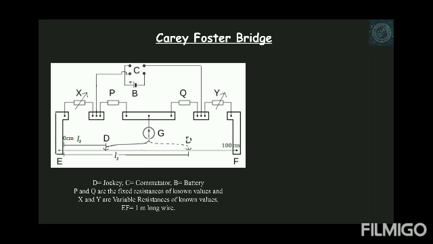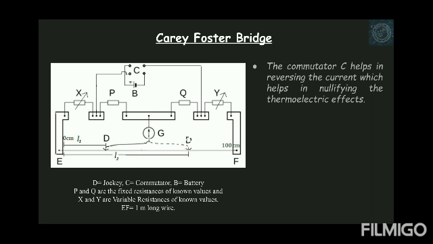There is a commutator C, which actually helps in reversing the direction of the battery, and there is a galvanometer G, which touches the wire EF at the point D. The distance of D from the left hand side is measured to be some length. For a null point, say it is L1. For some other null point, say it is L2. We'll talk about this L1, L2 later on.